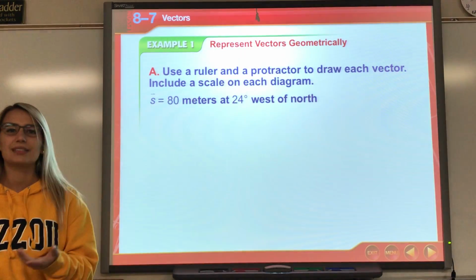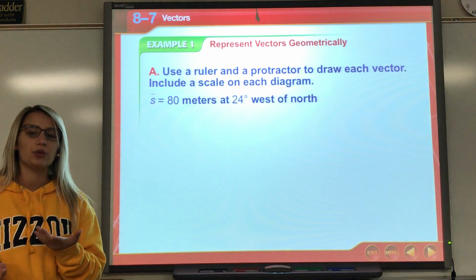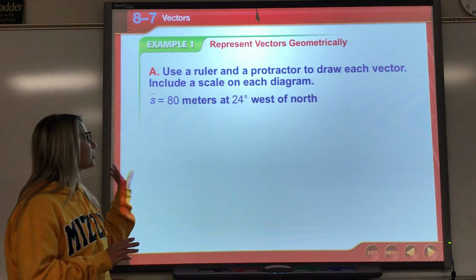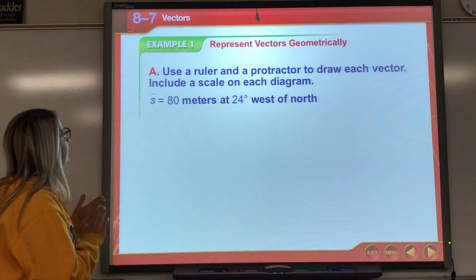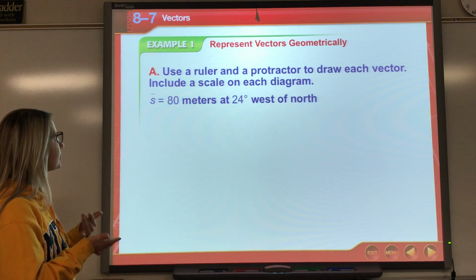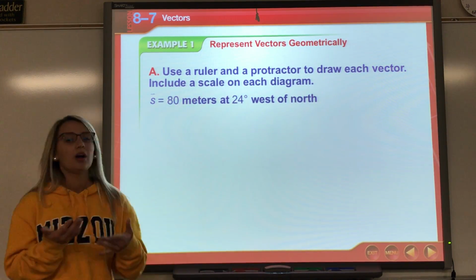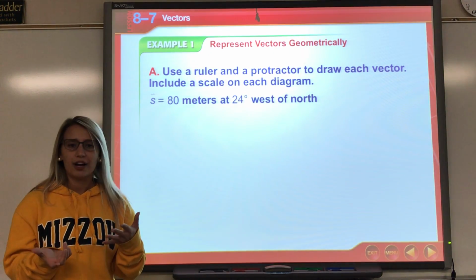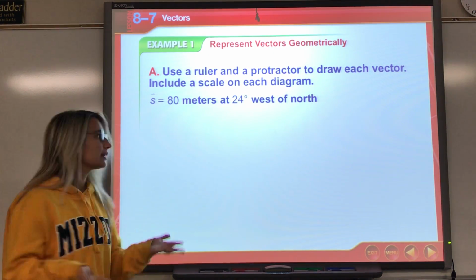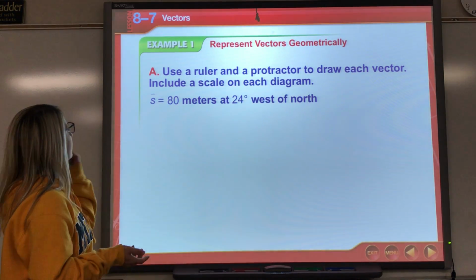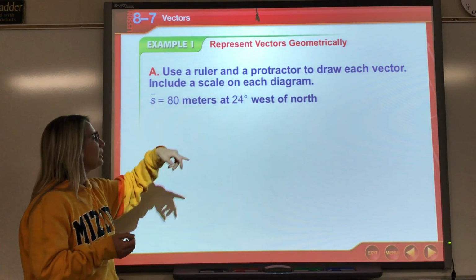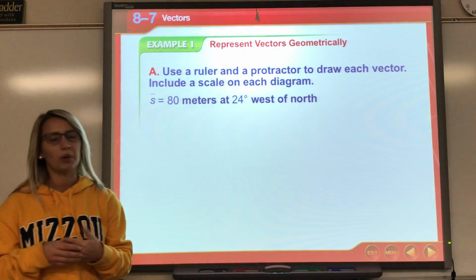So we're actually skipping examples 1 and 2 in the homework, but I just want to go over them kind of quickly, so you just kind of know what's going on. It says use a ruler and a protractor to draw each vector, include a scale on each diagram. Using a ruler and a protractor is probably the least accurate way to do this, but essentially it says S vector equals 80 meters at 24 degrees west of north.